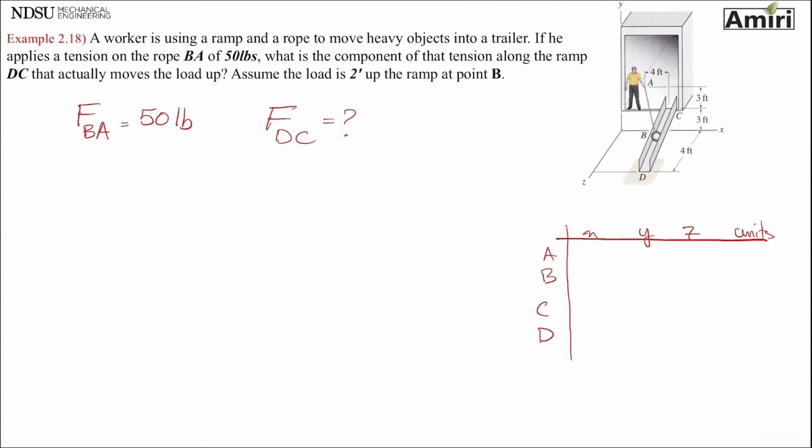Point A, well, we don't know this distance, and it doesn't matter. I assume this distance is 0. Point A is going to be at 0, 6, 0 with units of feet. Point B is something that needs a little bit of calculation. So this is the ramp.